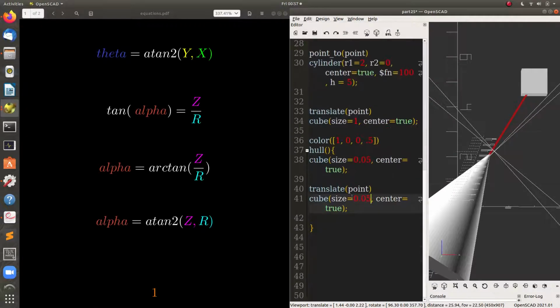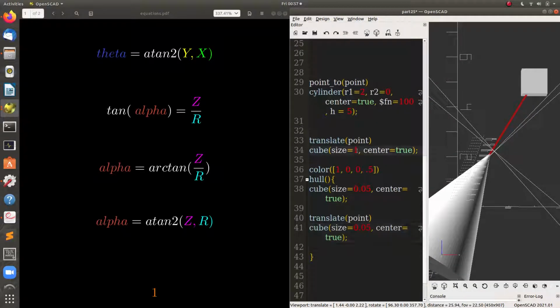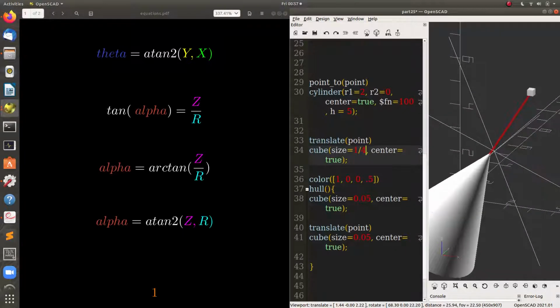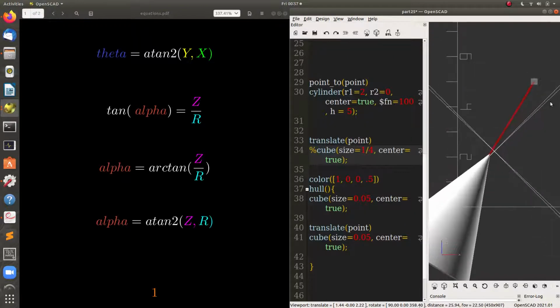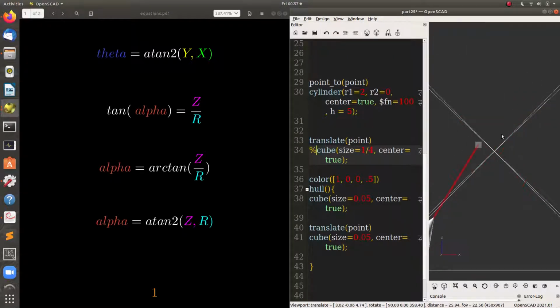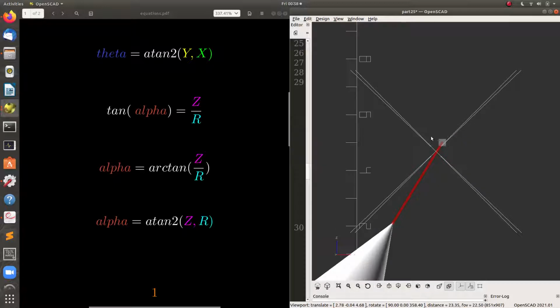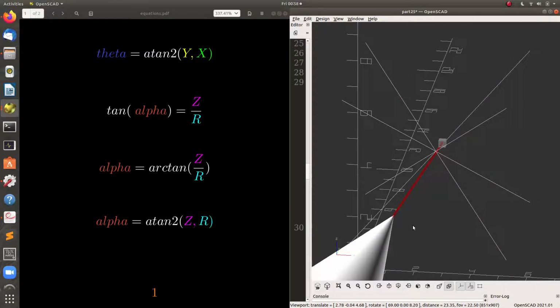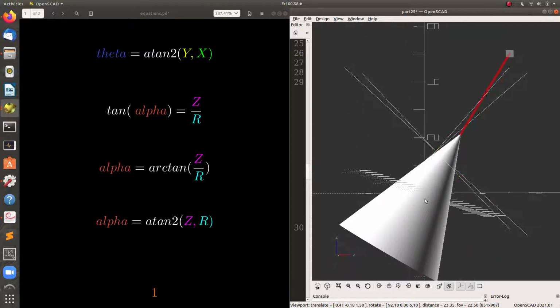The cube again is kind of big. Say 1/4. There we go. It's smaller now. So it's easy to see that the point is the center of this cube here, and our object, which is our cone, is pointing at it.